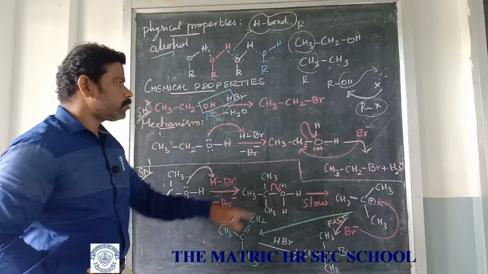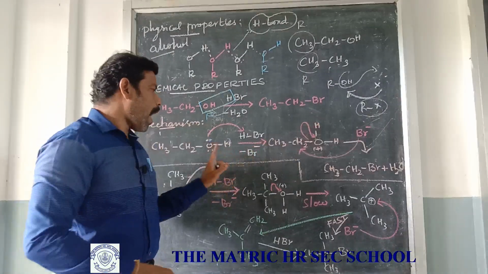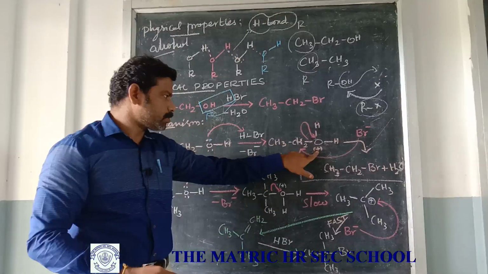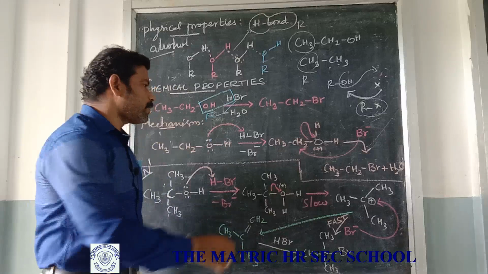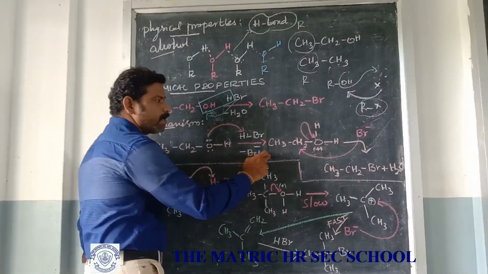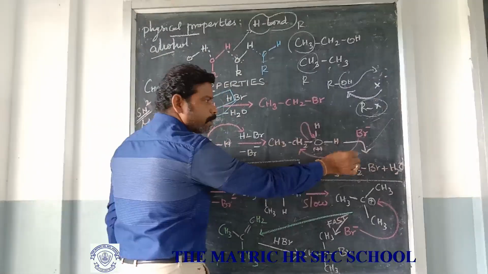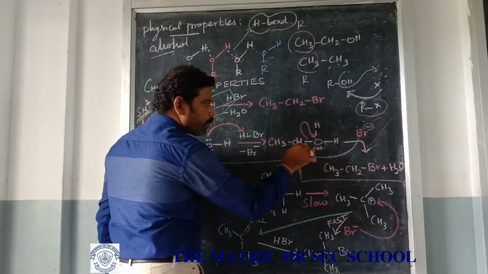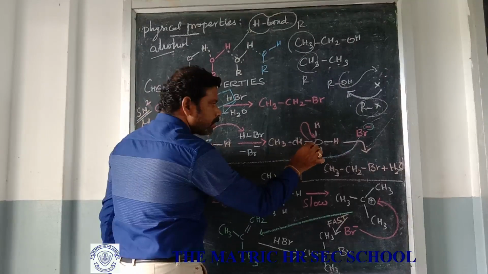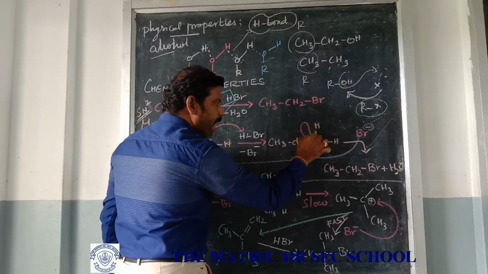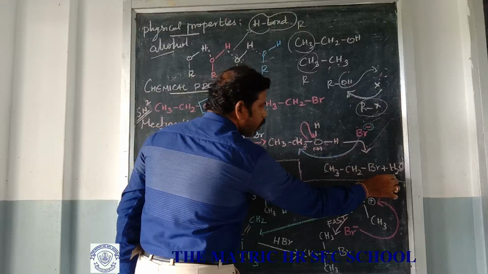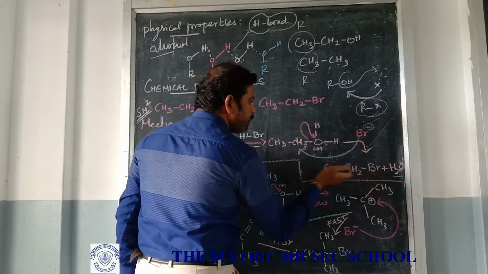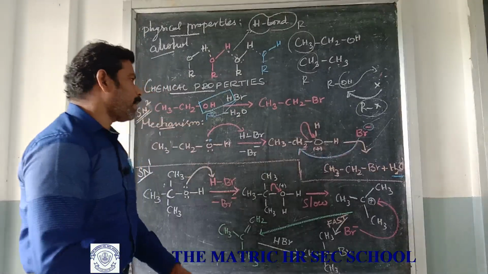So the single bond of hydrogen is released, the oxygen donates the electrons, and you get a positive charge. Then in the next step, the bromine is released as Br minus. The bromide ion is attracted to the carbon. So this bond's electrons are accepted by the oxygen, and water is eliminated. The bromine is substituted on the carbon, and you get ethyl bromide. This is the reaction. Okay.